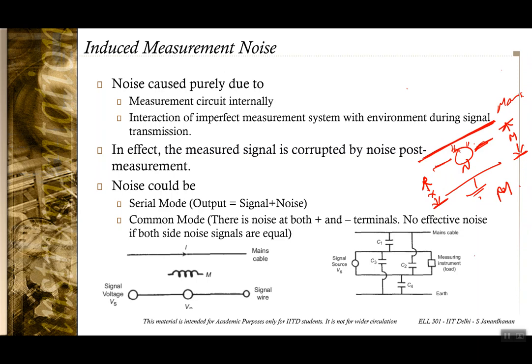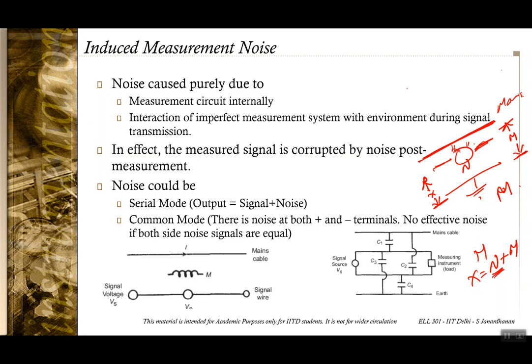Now what you are measuring is M, but X was N plus M. So this noise signal has corrupted your measurement. This is a serial mode noise.